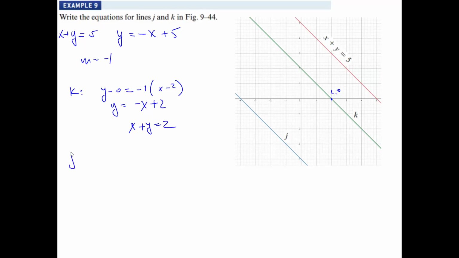Now, j, let's take this, (minus 4, 0). So y minus 0 equals minus (x plus 4). So y equals minus x minus 4.